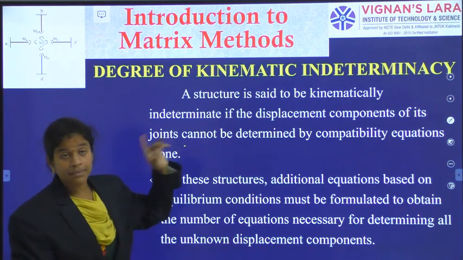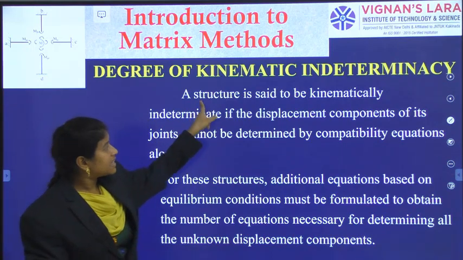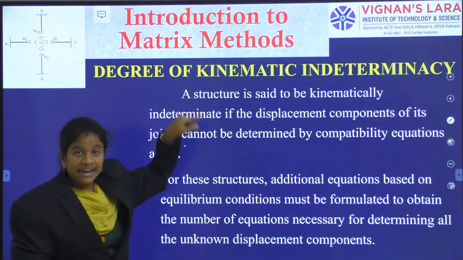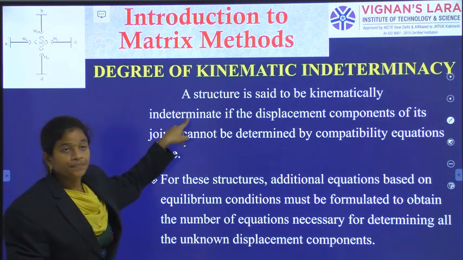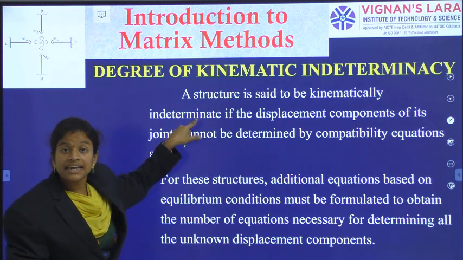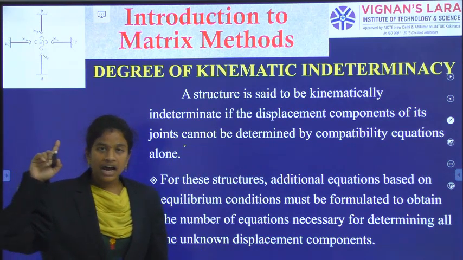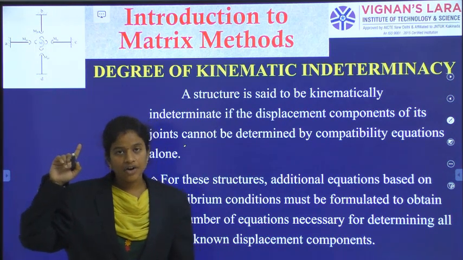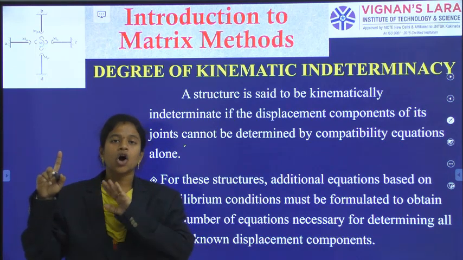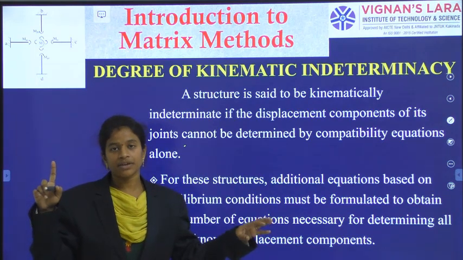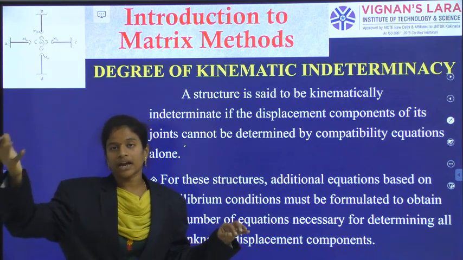In case of kinematic indeterminacy, so a structure is said to be kinematically indeterminate. When the unknown support reactions or the unknowns in the structure are not sufficient for the available equilibrium equation, so it is having more unknowns.